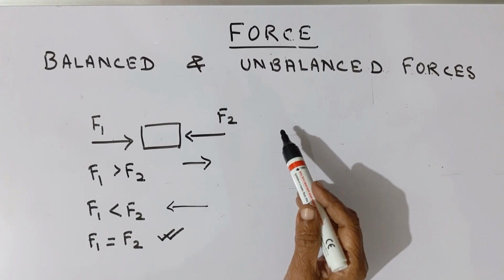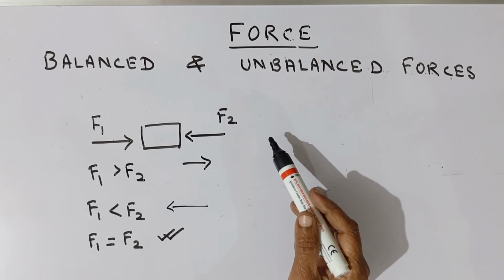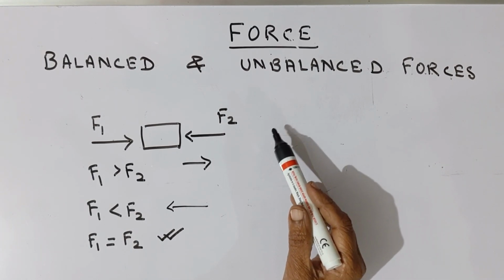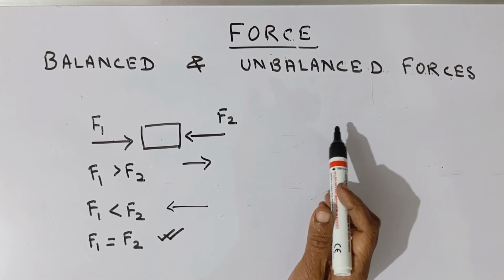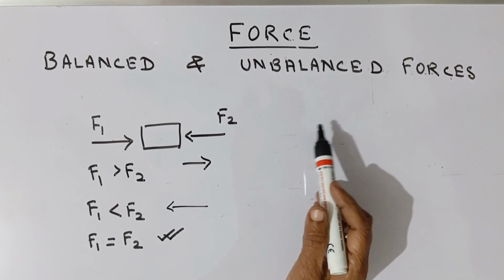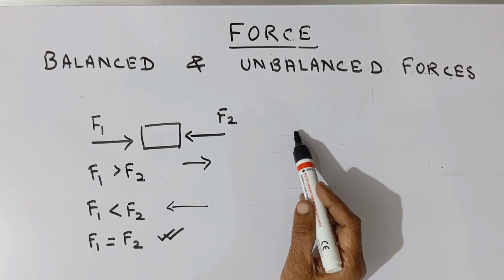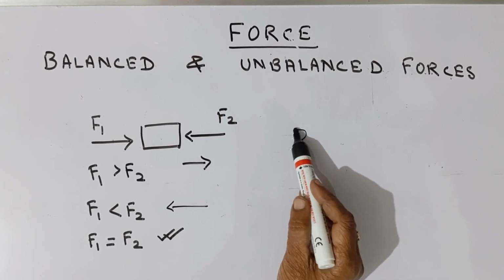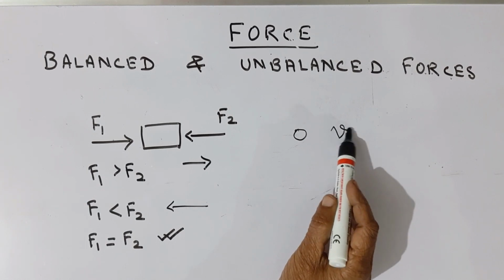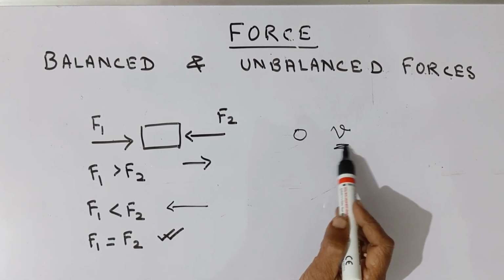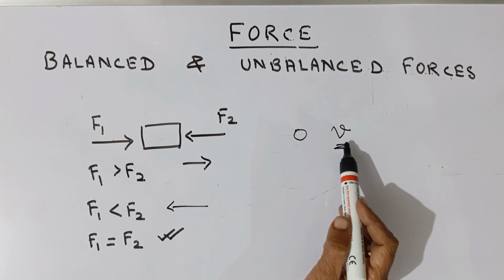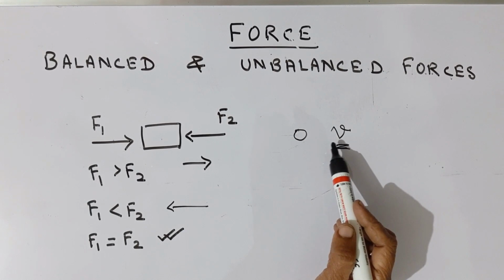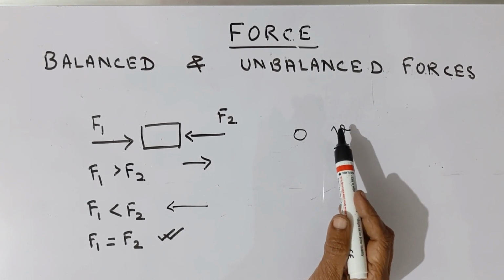Here again, keep in mind that when we say an acceleration is produced, we mean to say that there is a change in velocity. Either the velocity may be zero or it may have some magnitude, but in all the cases, if there is a change in velocity, then we say that there is an acceleration produced.